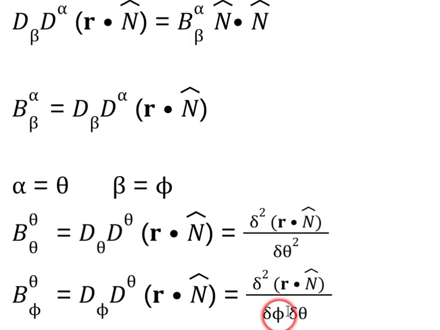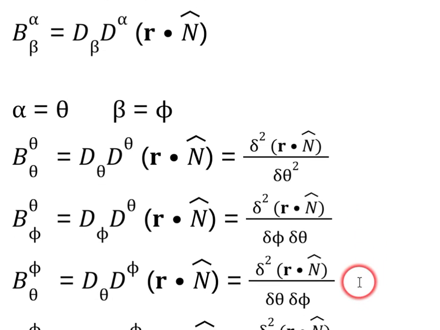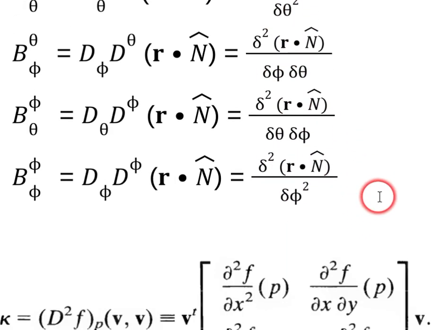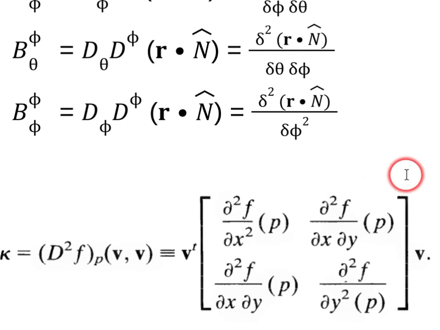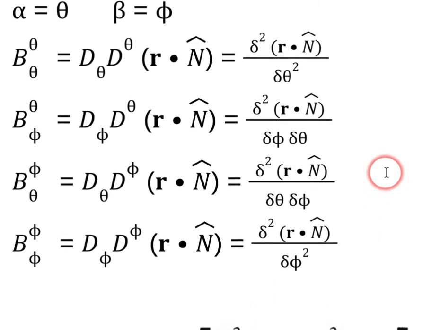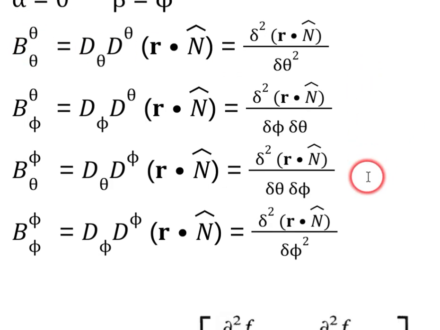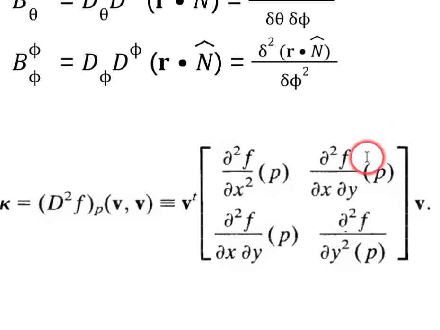Then you have the mixed ones, phi theta, theta phi, and then phi squared. This is actually the format that I found in the first few pages of my Riemannian geometry book, where Professor Morgan expressed kappa, the Gaussian curvature, as a Laplacian of this function. So this is now the same as this. So we have found an expression that will give us the Gaussian curvature from the tensor.